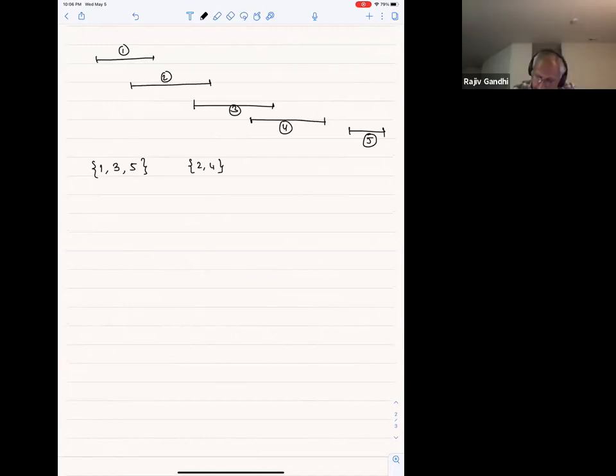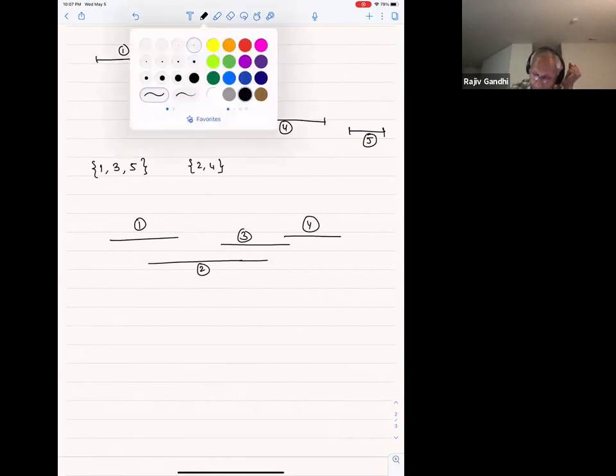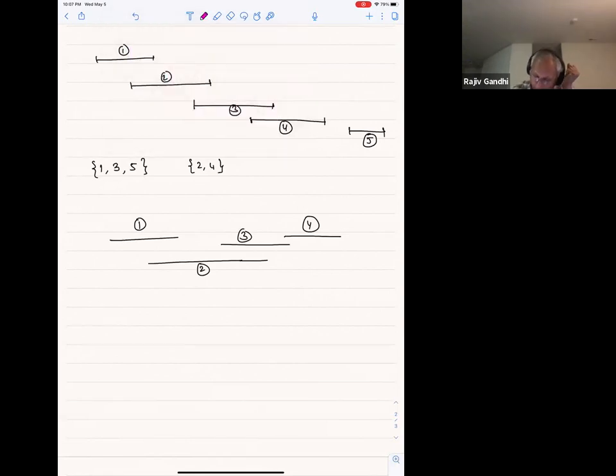Okay, so let us see this. What about this counter example? So 1, 2, 3 and 4. Suppose we pick the maximum number of non-overlapping intervals first, and suppose we pick intervals 1 and 4 first in one room.